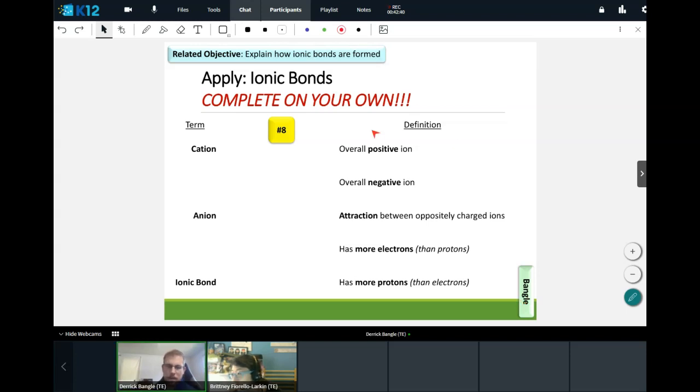A lot of these definitions and terms we reviewed during the notes today, so don't hesitate to look back in your notes to see where these were used in the stuff we've already covered.